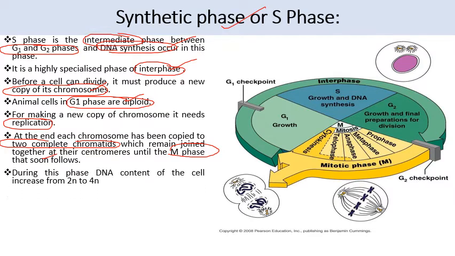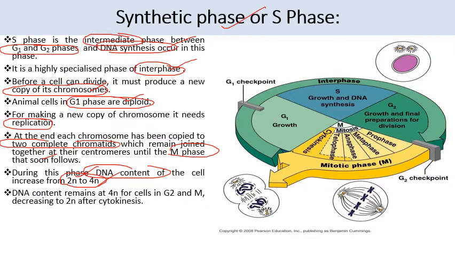During this phase, DNA content of the cell increases from 2n to 4n, that is diploid to tetraploid, but the chromosome number remains the same. DNA content remains at 4n, that is tetraploid, for the cell in G2 and M phase, decreasing to 2n after the cytokinesis. जो cytokinesis के बाद क्रोमोसोम का अमाउंट फिर से डिप्लॉयड हो जाता है.